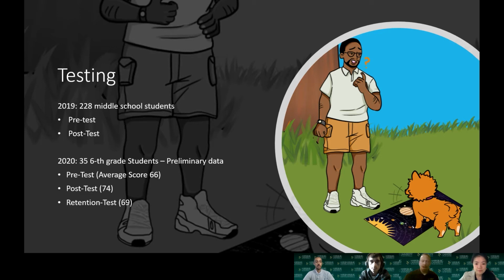We ran a randomized control pre-post test experiment with over 200 middle schoolers, sixth graders. The experiment started off with 269 sixth graders, but only 228 completed both the pre and the post test. So that's where our data comes in.